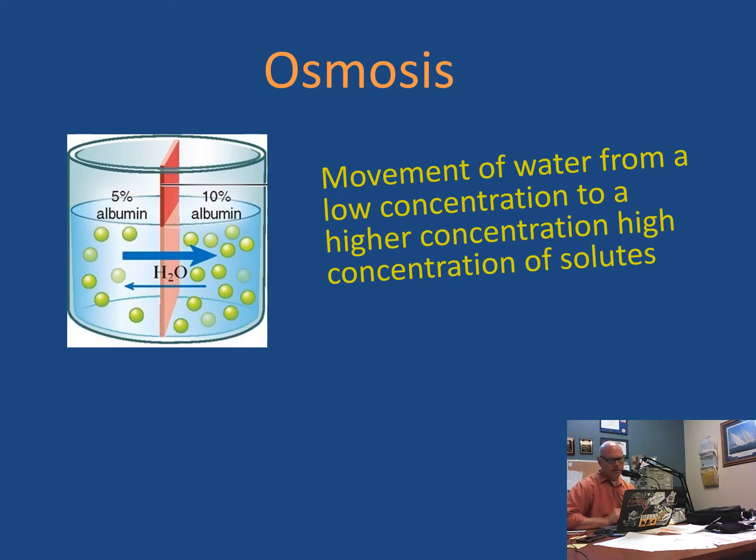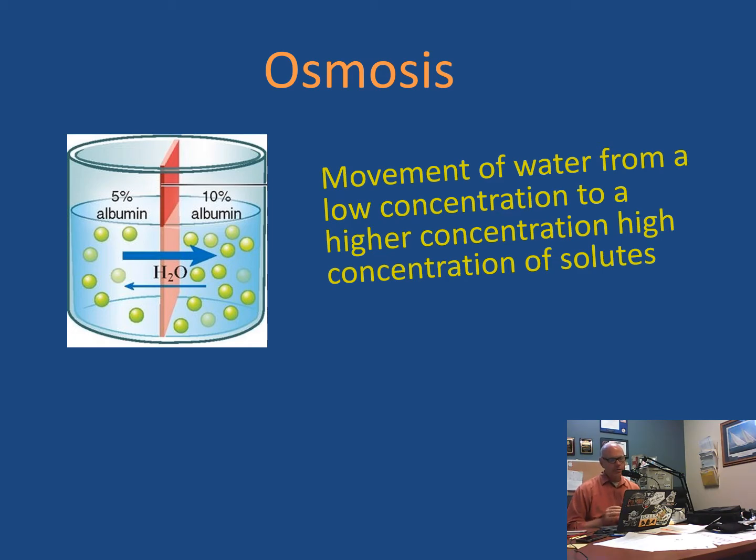Here we have a picture of two different concentrations of albumin. Albumin is a protein, so those little dots in there are protein. The protein is not going to move through the screen very easily. It's not going to be permeable to those molecules.